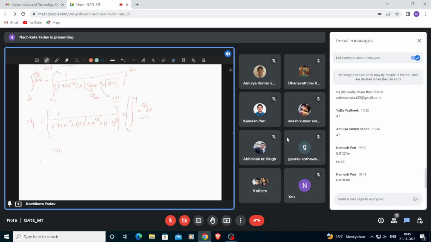Can you solve this one only? Anyone here who cannot integrate? What will be the integration of this? Anyone?